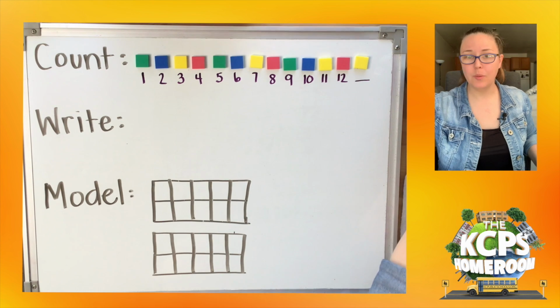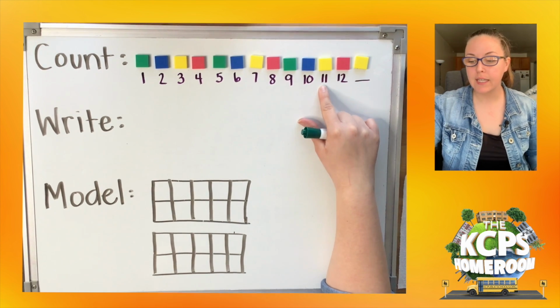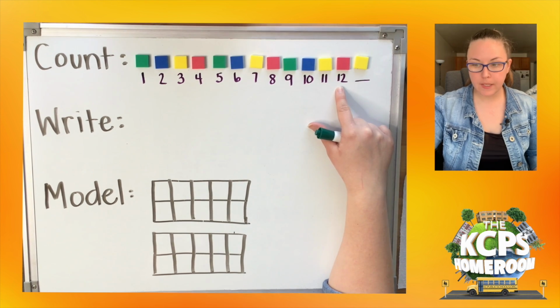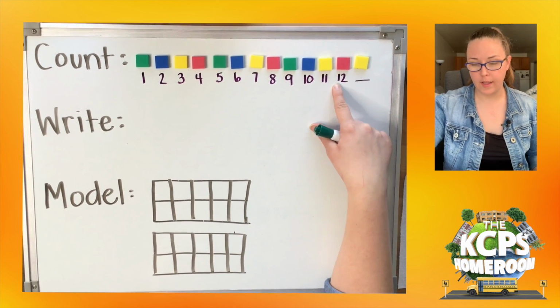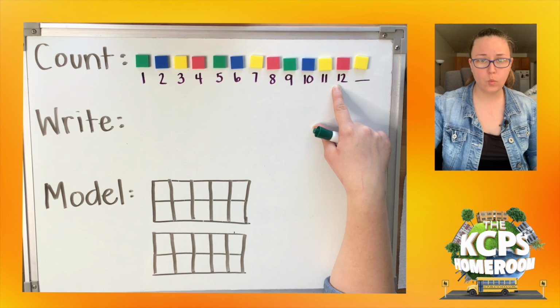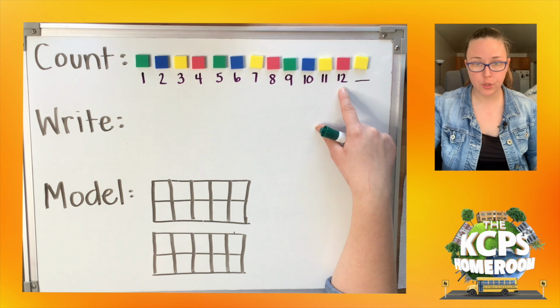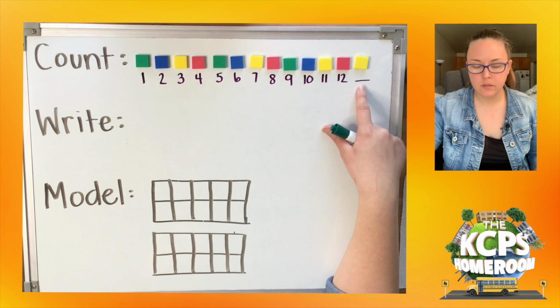Remember last week we talked about 11 and 12, and we know that 11 is 2 ones. We know that 12 is a 1 next to a 2. And we know that this 1 in 12 means that there's one group of 10 and 2 left over, 2 ones. So what do you think happens when I get to 13?